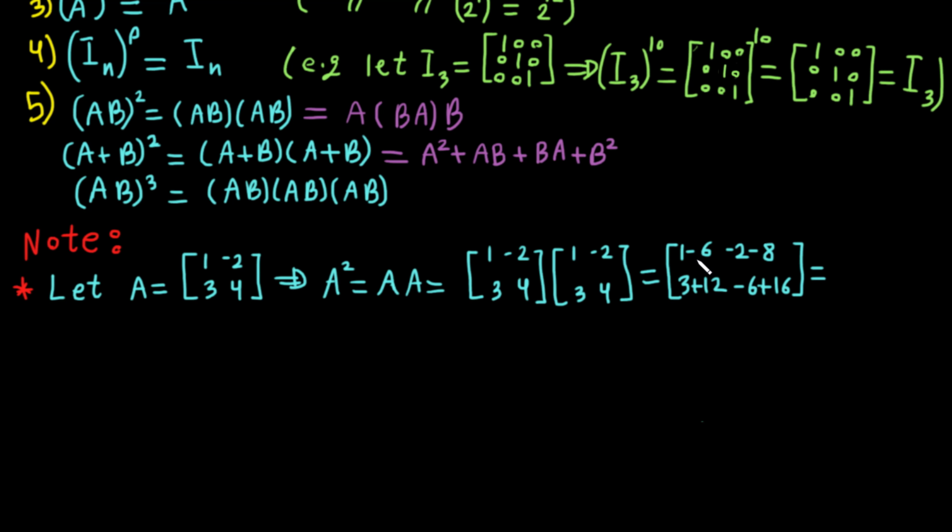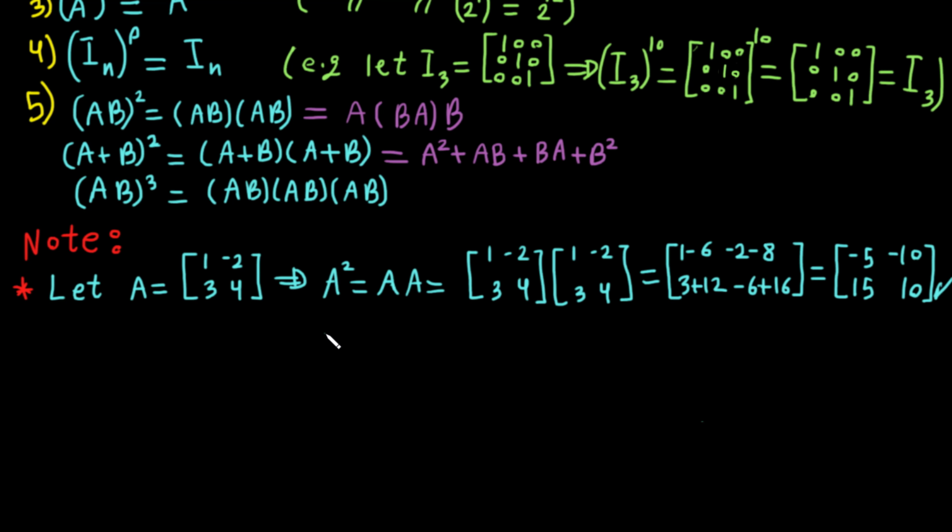So the answer for the first element is 1 minus 6, which is negative 5. Then negative 2 minus 8, which is negative 10. 3 plus 12, which is 15. Negative 6 plus 16, which is 10. So our answer is this one, which is correct.